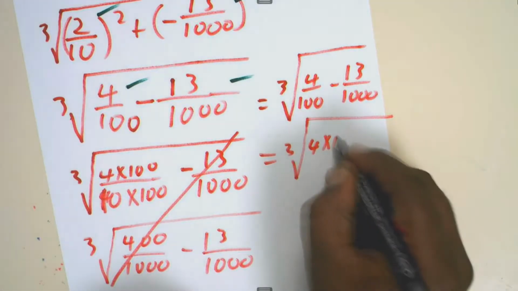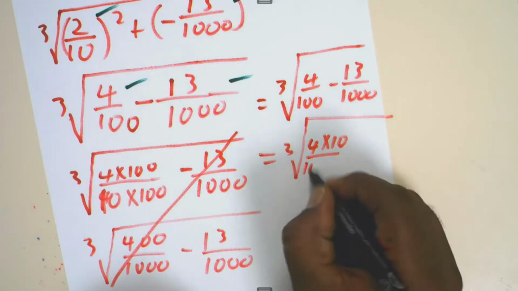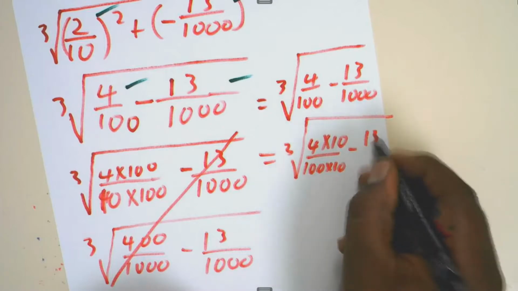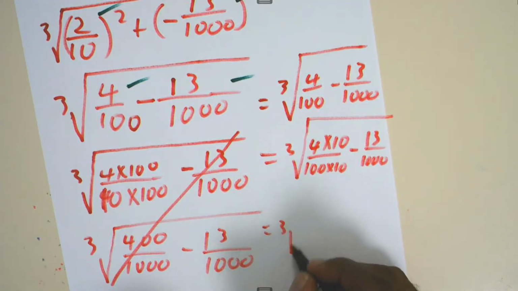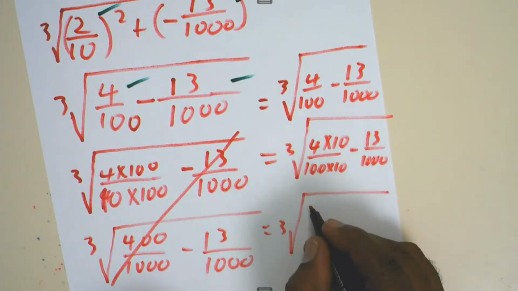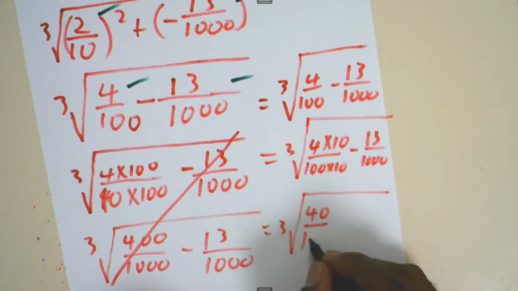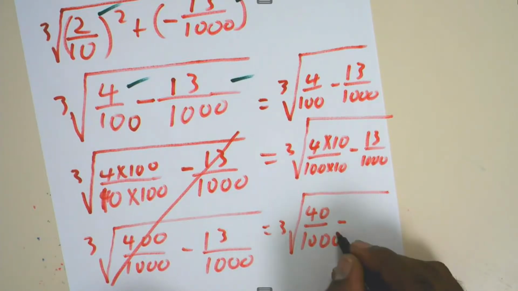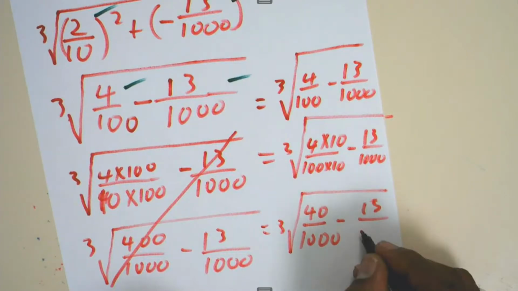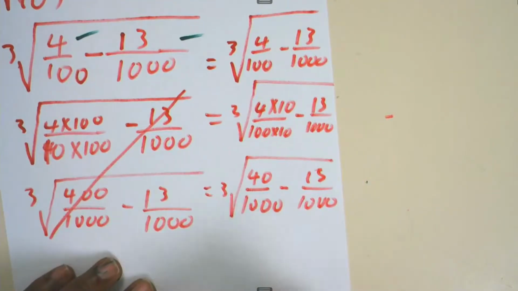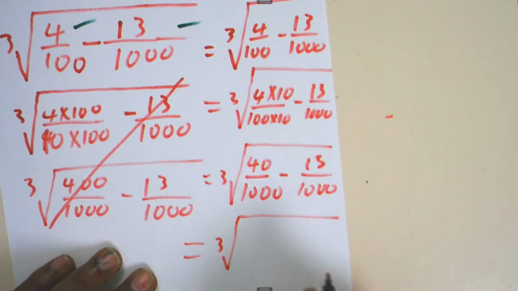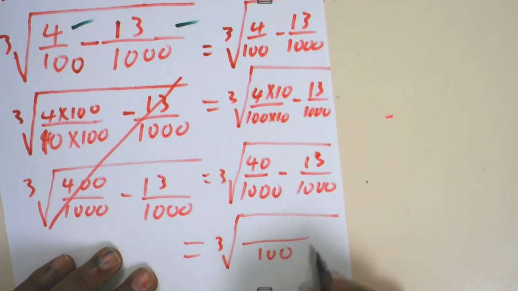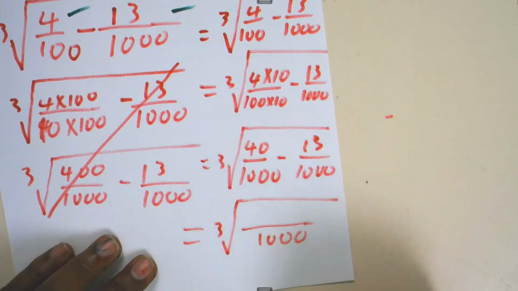So 4 multiplied by 10 over 100 multiplied by 10 minus 13 over 1,000, which is cube root of 40 over 1,000 minus 13 over 1,000. Step by step, as we say. So our common LCM is 1,000. 40 minus 13, 27.